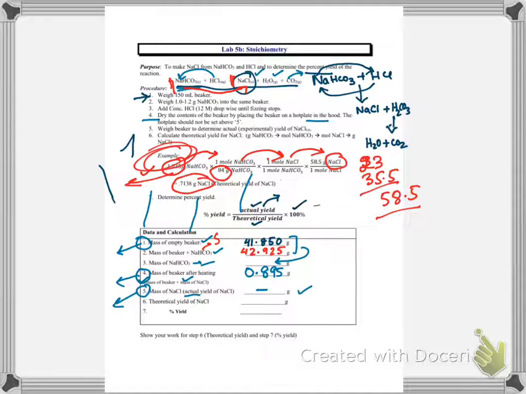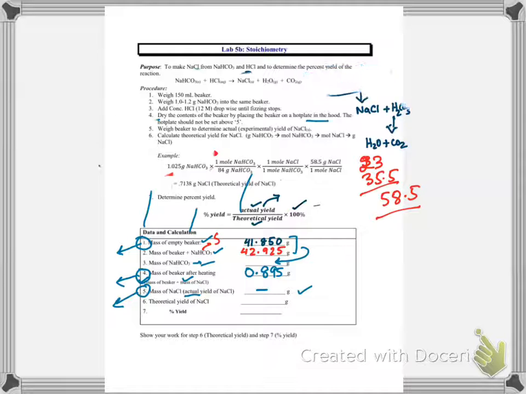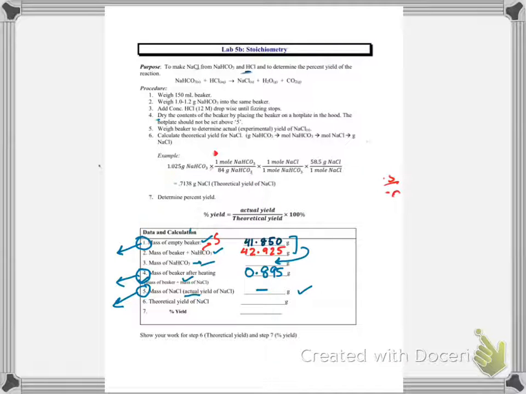But then how much sodium bicarbonate are you taking? Let me erase these extra arrows.